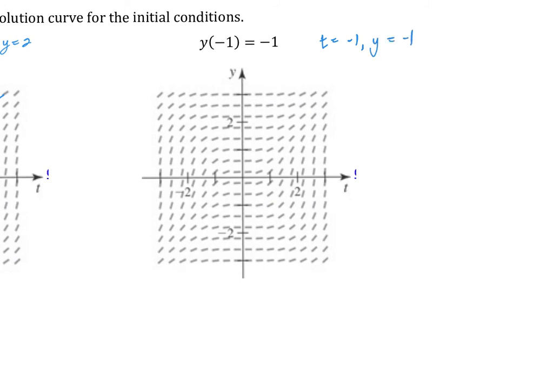So (-1, -1) looks like it's in the third quadrant. And I will just go ahead and follow my curves. And that's it. So if you have a graph and you have some initial conditions, it's fairly simple to just sketch the solution curve.